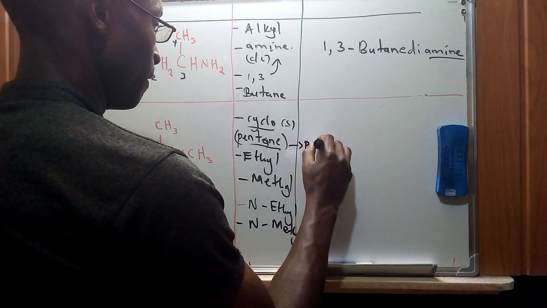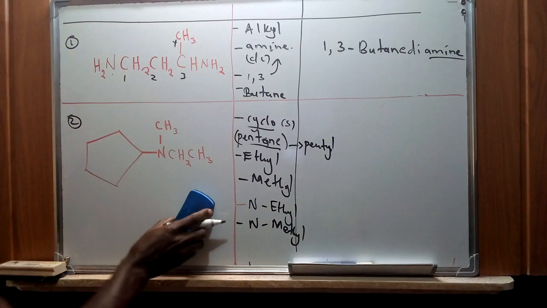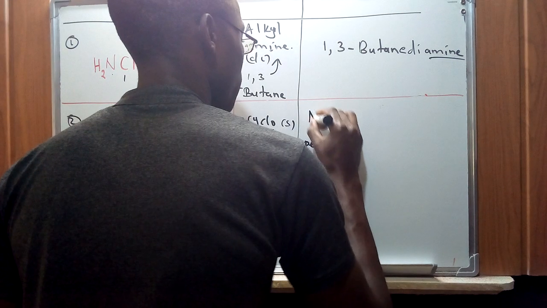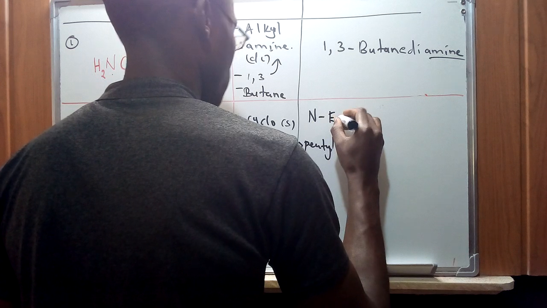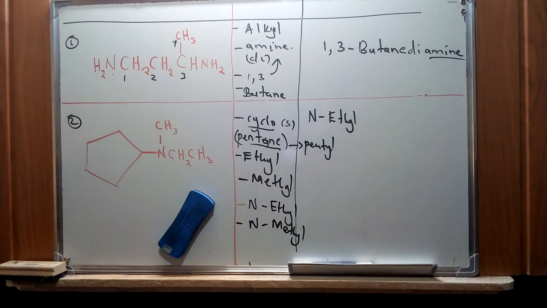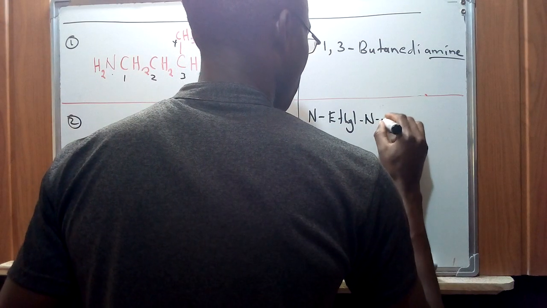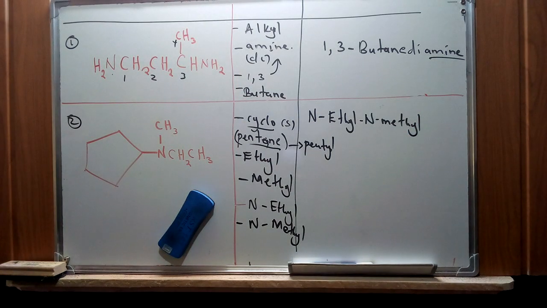So therefore we can formulate the name and say this is N-ethyl, using the alphabetical order to list substituents. We start with E, which comes before M, so we have N-ethyl, N-methyl, and then from there we will have the cyclo preceding the parent name.